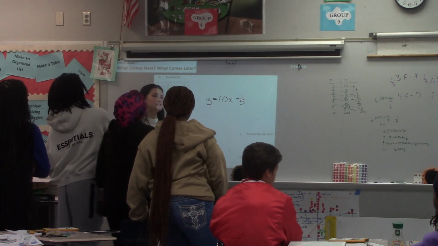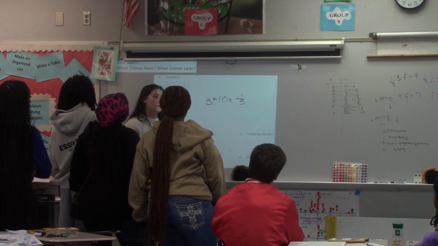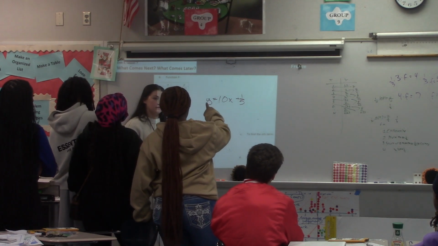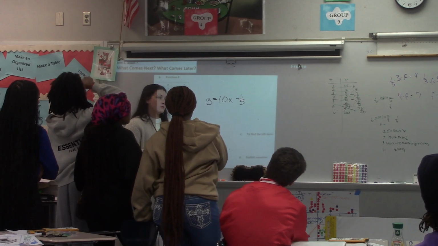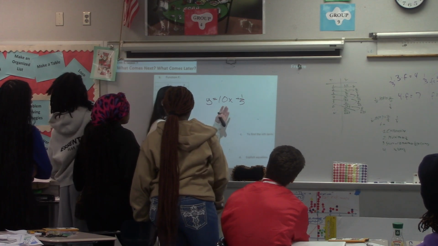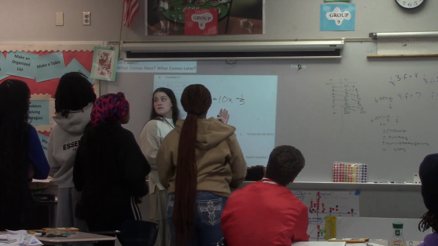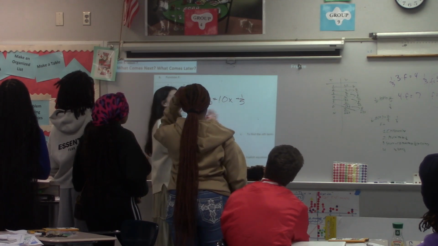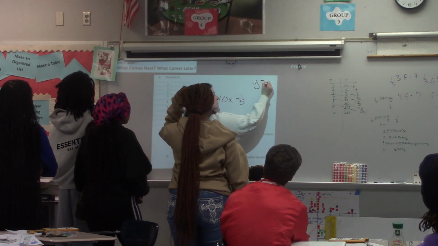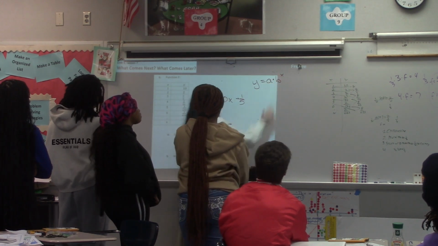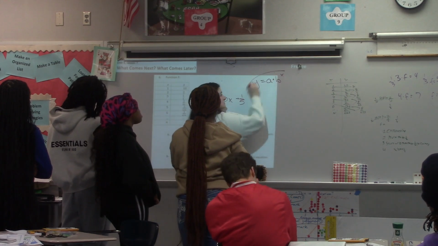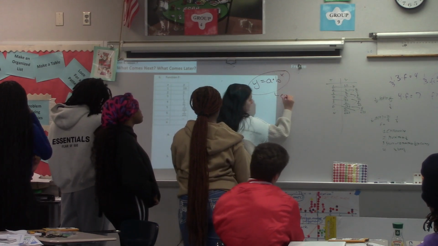Alright, what is our formula to make an exponential equation? So this would be a linear. So, a times b to the x. This is our exponential function.